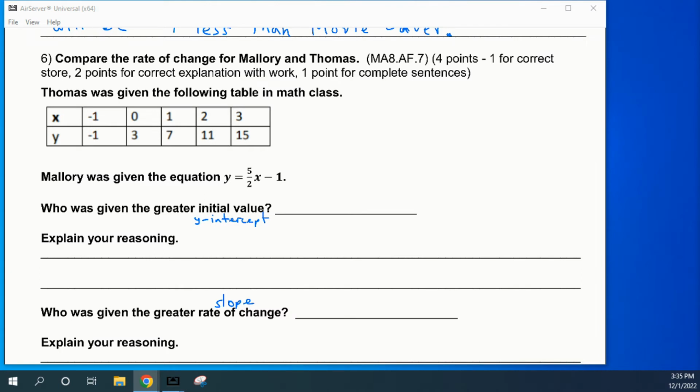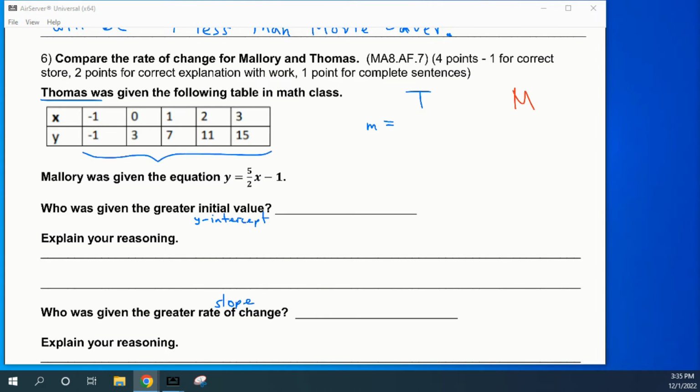I'm going to color code this thing again. So Thomas's information will be here. Mallory's information will be here, okay. So for Thomas, we need to find the change in y over the change in x. So his slope is going to be the change in y's.